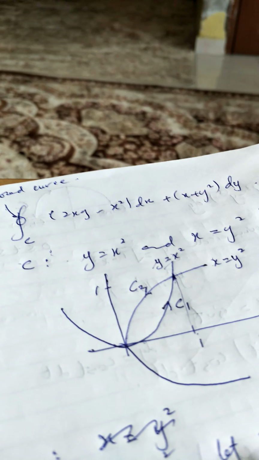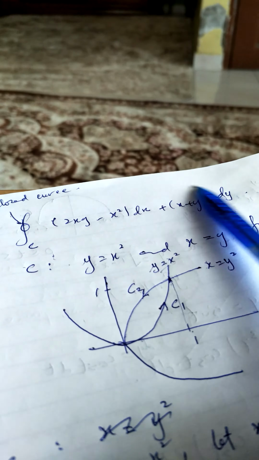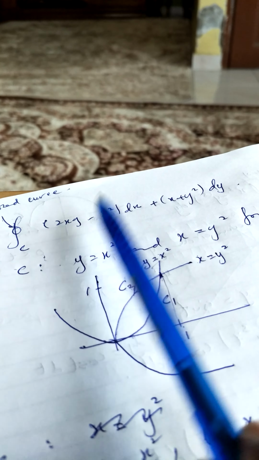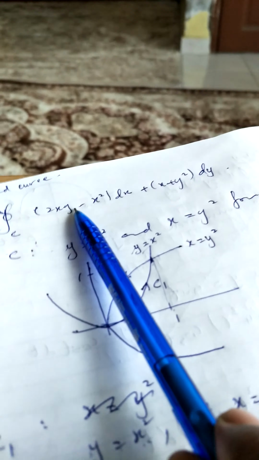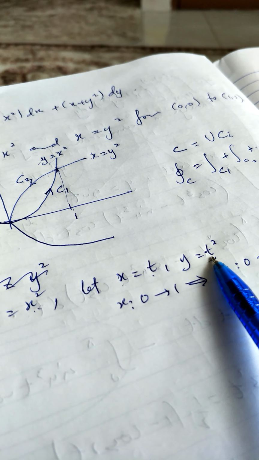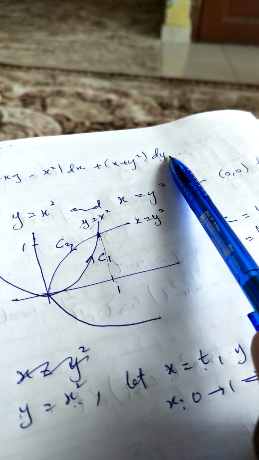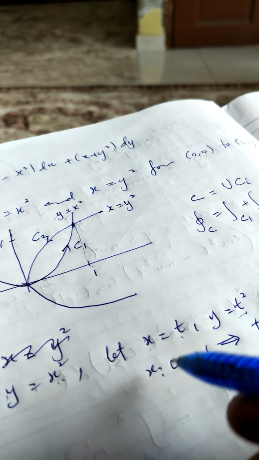If you look at our integral here, we have x, we have y, and so on. We can substitute x, y just into that, and we also need dx, dy. So here you need to differentiate this.